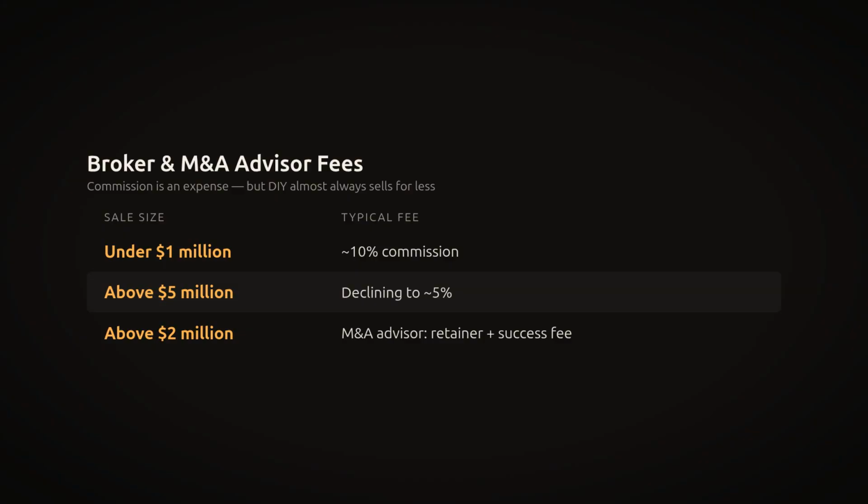The commission is an expense against the sale, but brokers access buyers, manage confidentiality, and negotiate terms that most owners have never navigated before. The DIY approach to selling a business almost always produces a lower sale price than the broker's commission would have cost.